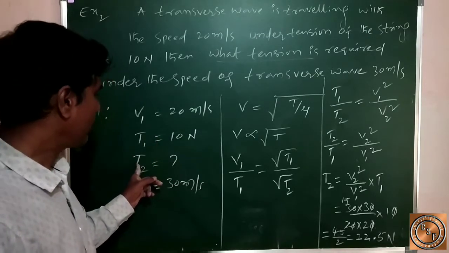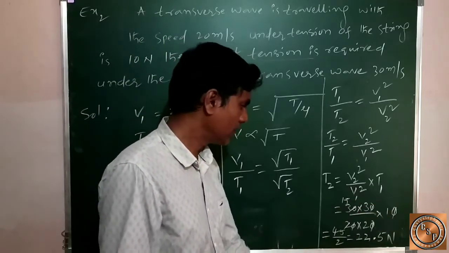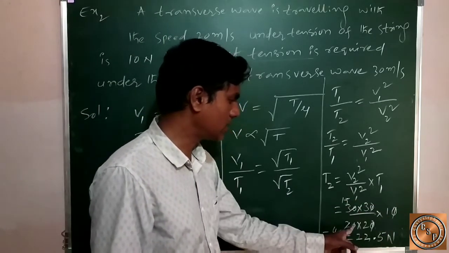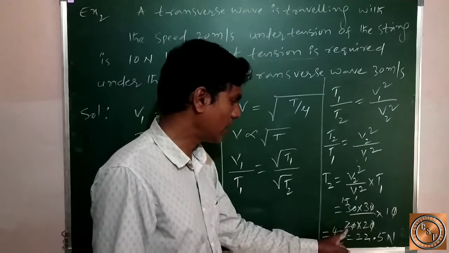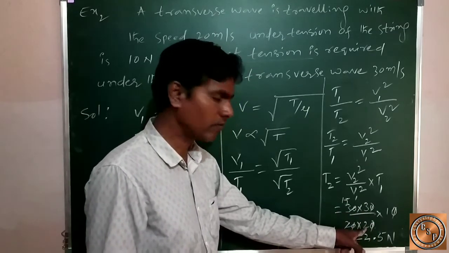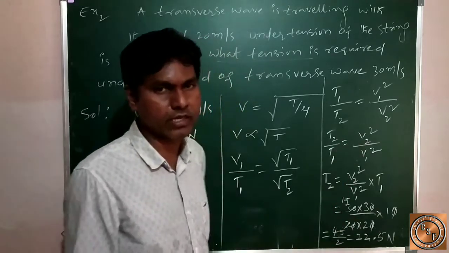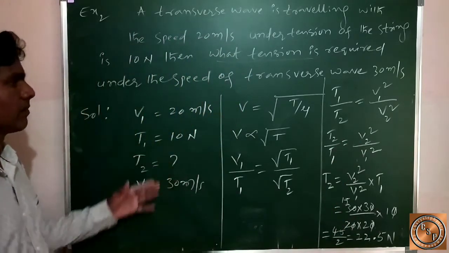We don't know how much it is, so the tension is substituted. 10, 0, 0 cancel, here 0, 0 cancel, the remaining value is 45 by 2, that is 22.5 newtons. Is it clear?